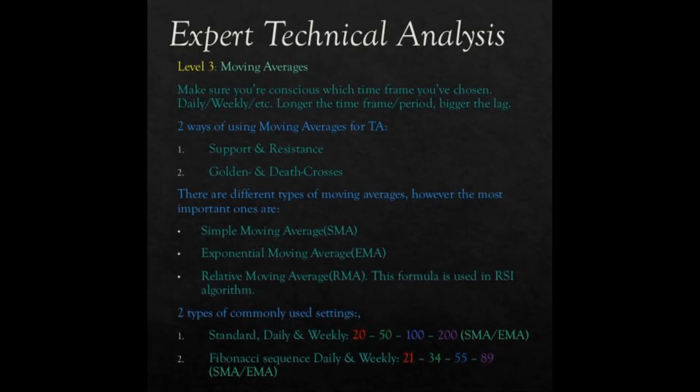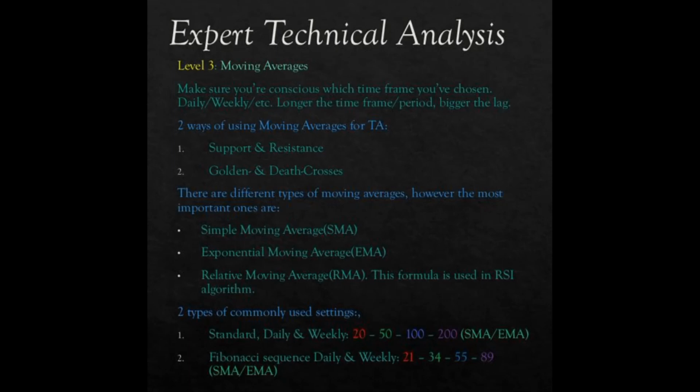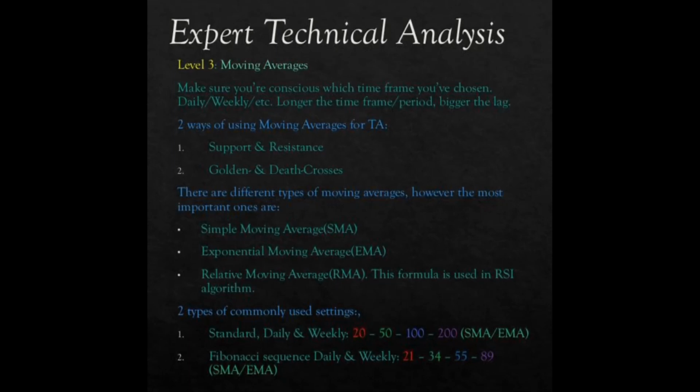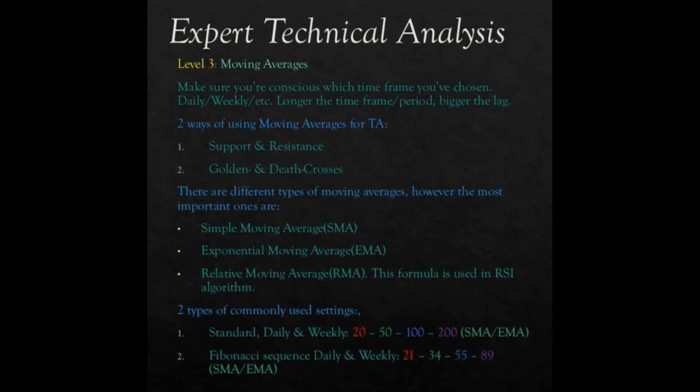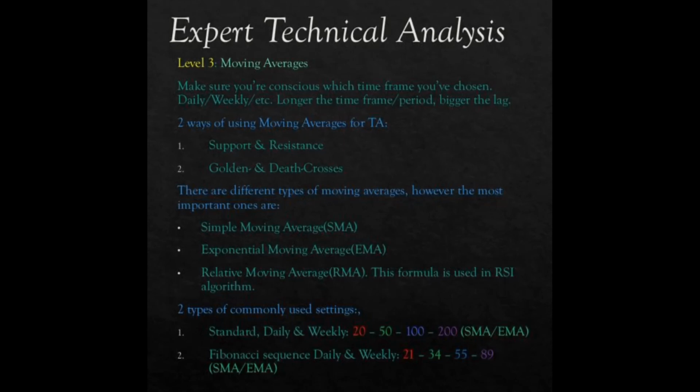These are the most commonly used settings: the 20, 50, 100, and 200 when you use the standard sequence. And you've got the Fibonacci sequence: 21, 34, 55, and 89.